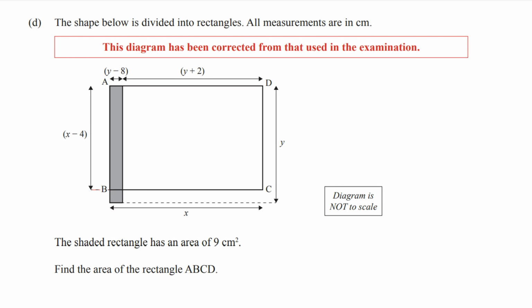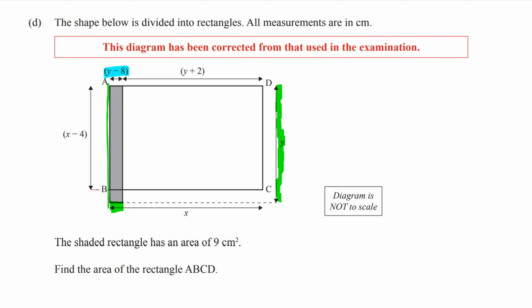So the first thing to understand is that the shaded rectangle has an area of 9 centimeters squared. All right, so if we look at it, we basically have this right here. So we've actually got the height and the base of this rectangle, because the height of this rectangle is equal to y, because notice how that length of y is the same as the length of the height of that rectangle, and the base of that rectangle is going to be y minus 8.